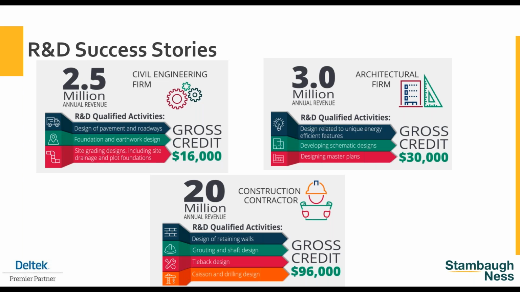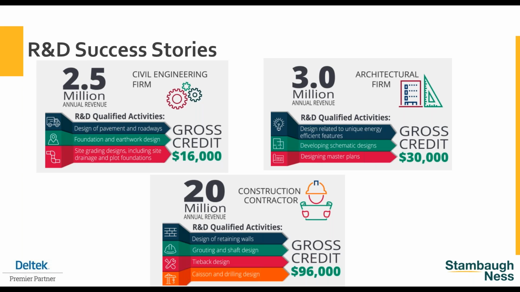In the case of the civil engineer, they were able to generate a credit of about $16,000 through some of their design work, designing pavement, roadways, some of their site design, and that sort of thing. The architect did even better, a credit of about $30,000. Again, all revolving around the design work that they do on an everyday basis for their clients.